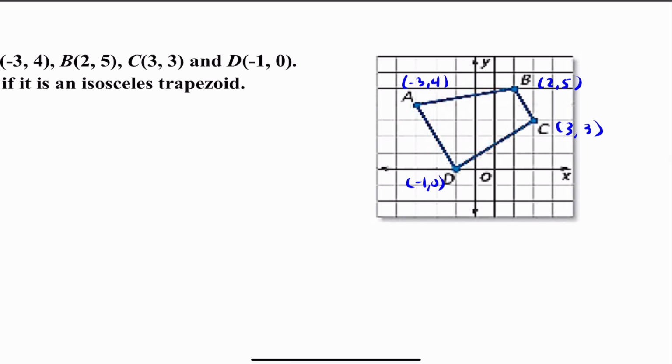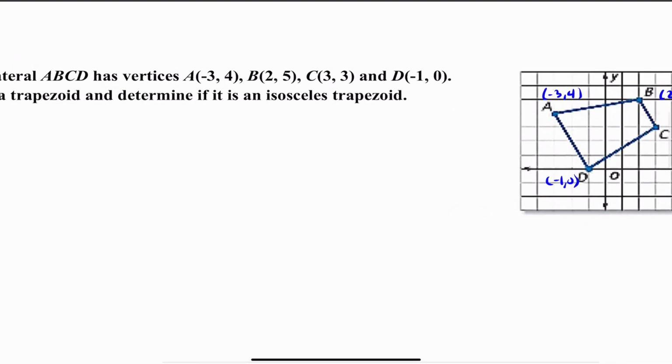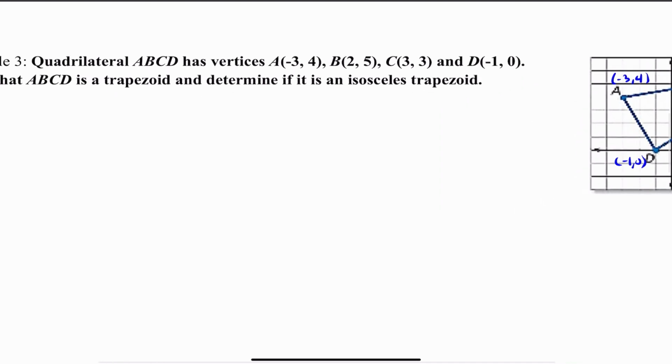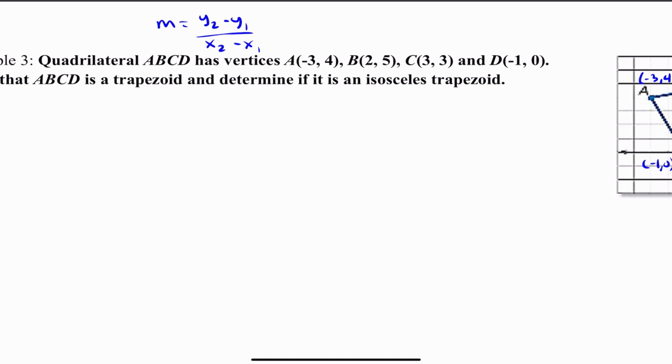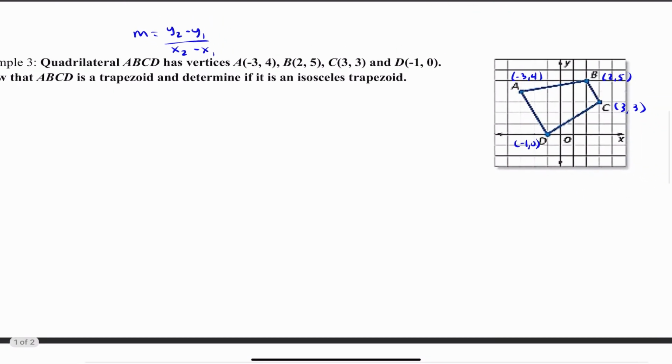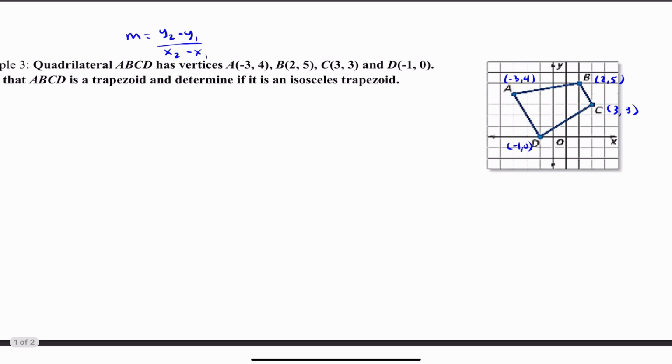So I'm going to find the slope of BC. And remember, the slope formula is m equals y2 minus y1 over x2 minus x1. I assume you already know how to calculate the slope, so I'm just going to skip the steps here.